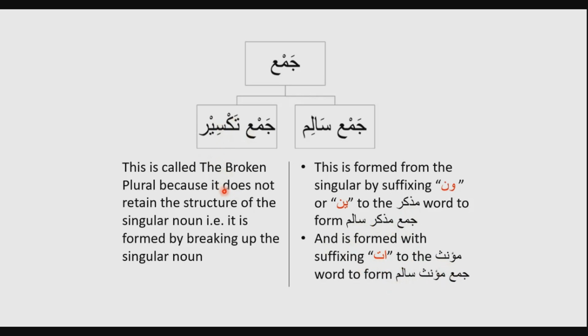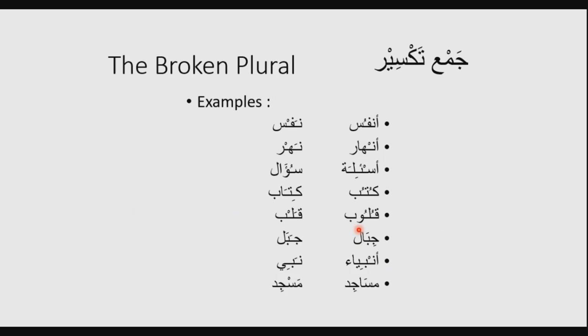And jama' taksir is a broken plural because it does not retain the structure of the singular noun. That is, it is formed by breaking the singular noun. Here are the examples, see, this is the broken plural: anfus for nafs, anhar for nahar, as'ila for su'al, kutub for kitab, qulub for qalb.